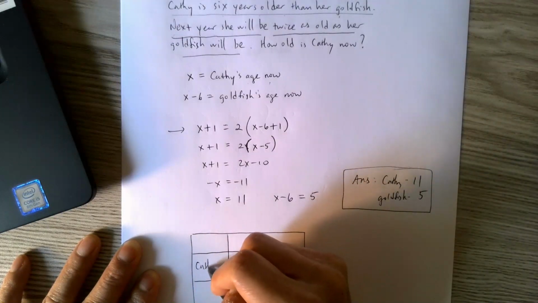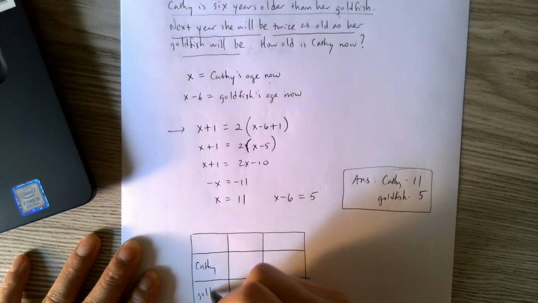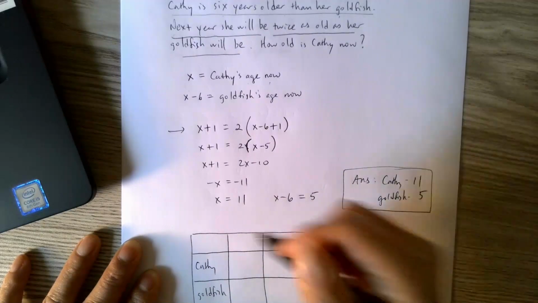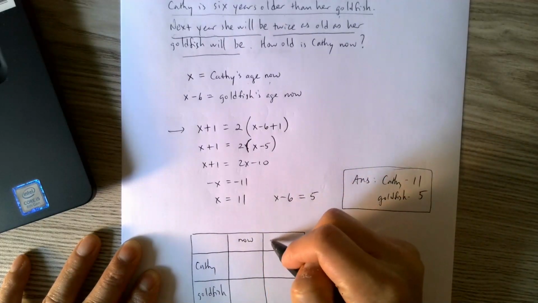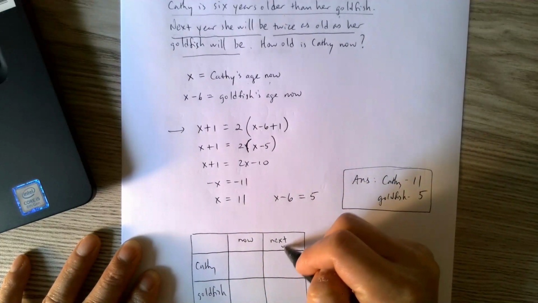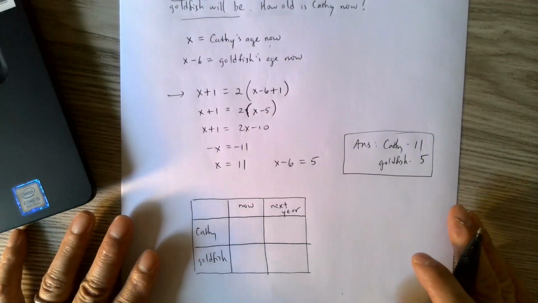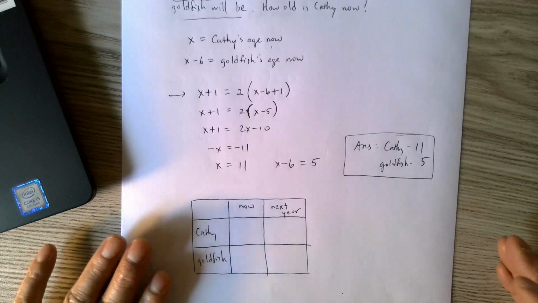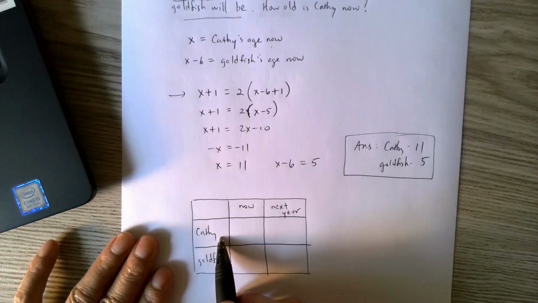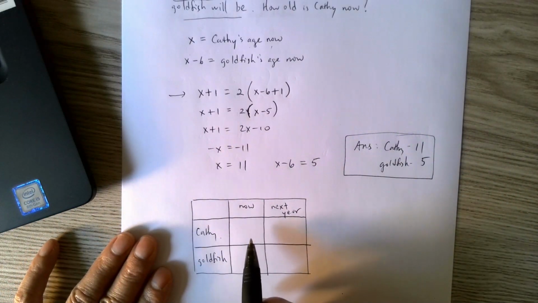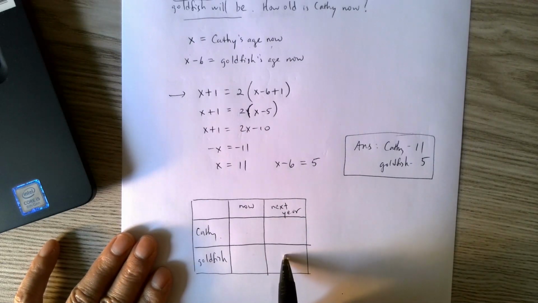And I put Kathy and goldfish in different rows. And for the columns, I will label them with the time, the period of time I'm interested in. So I'm going to place my variables and other expressions in these cells in my chart.